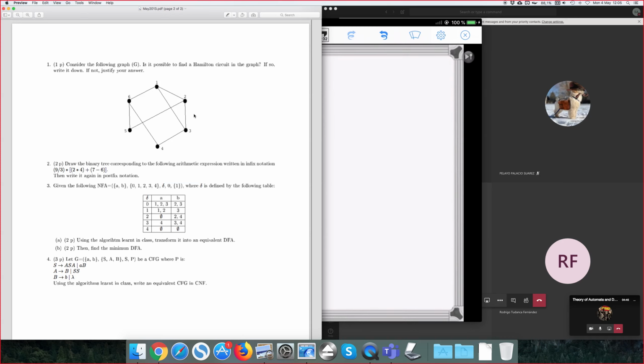worksheet for Unit 3 to solve some more exercises on graphs, unless you want me to solve the other exercises that are on this exam, which are about automata and grammars.